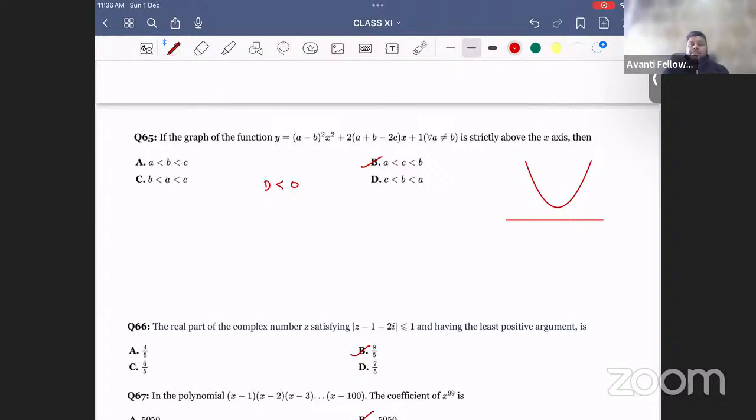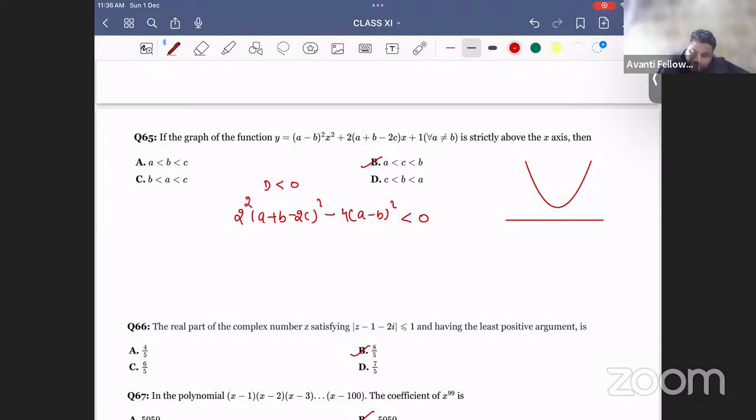If the graph is completely above the x-axis, that means this function does not intersect or touch the x-axis. That means this quadratic equation has imaginary roots. So its D is less than 0. So a plus b minus 2c whole square minus 4 times a minus b whole square has to be less than 0. Am I clear?